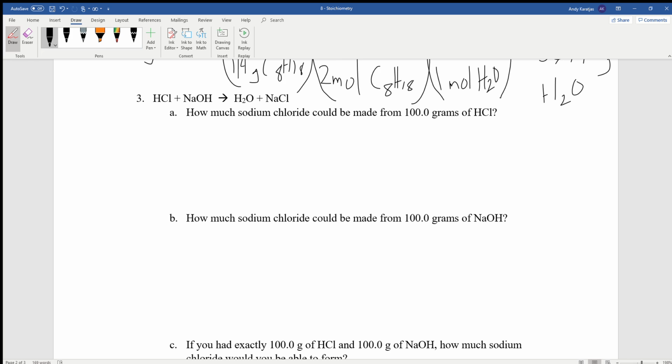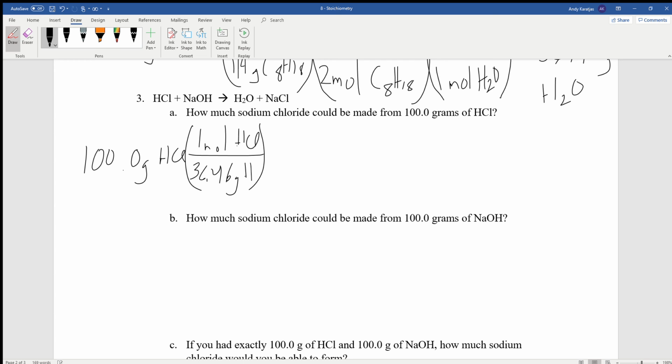So how much sodium chloride could we make from 100 grams of HCl? Well, this is the same calculation we've been doing. We can take our mass of HCl and convert that to moles of HCl. Go from moles of HCl to moles of sodium chloride.